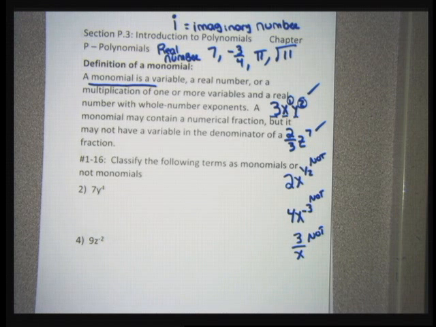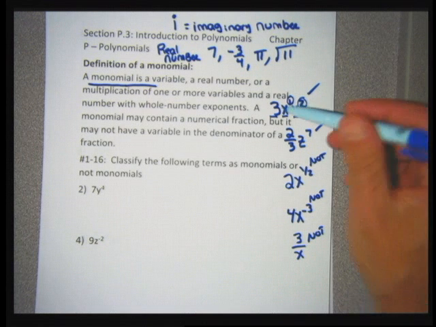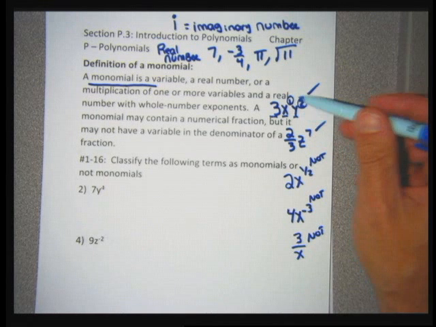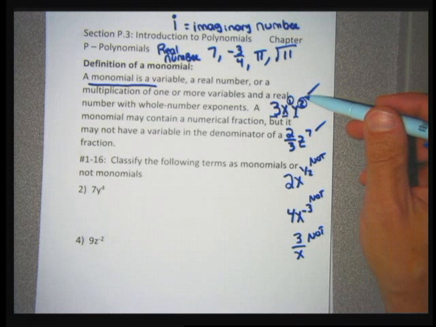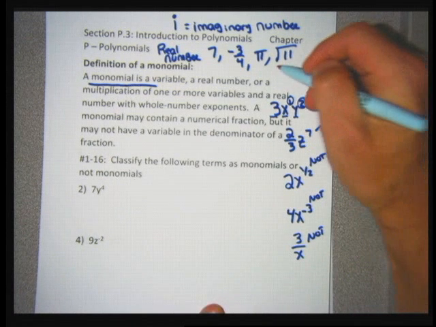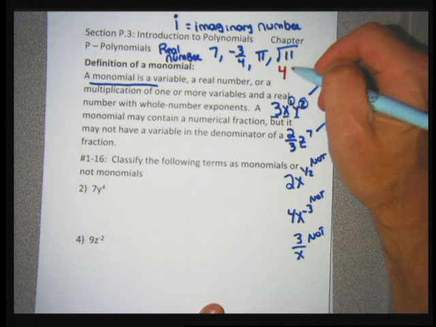And specifically, to be a monomial, you have to have a real number multiplied by one or more letters with integer exponents. Technically, you could have just a number and it could be a monomial as well. The number 4, I would consider this a monomial.